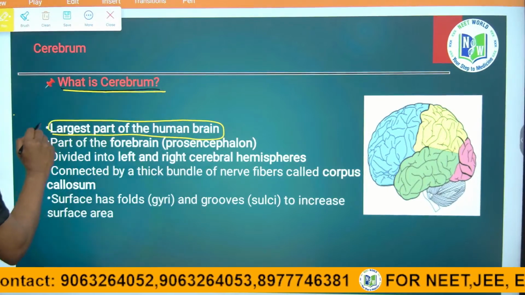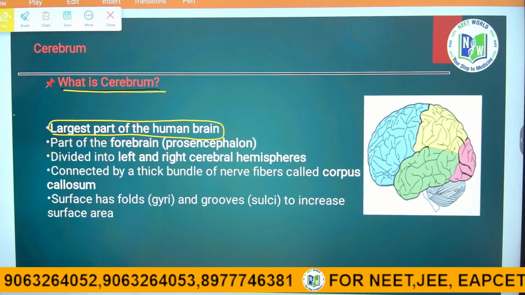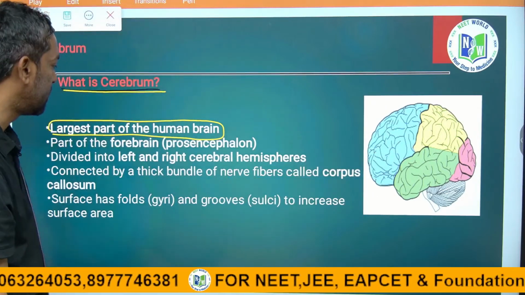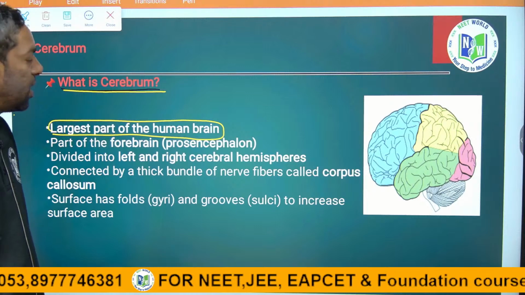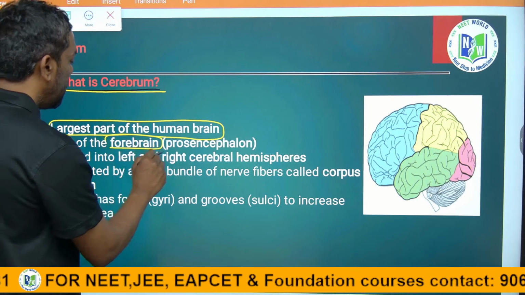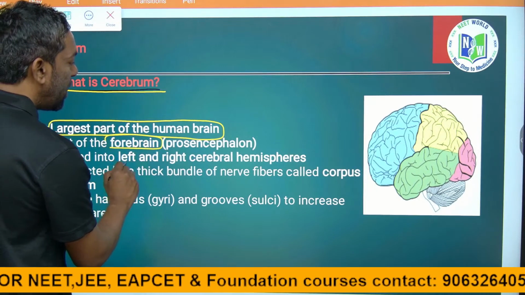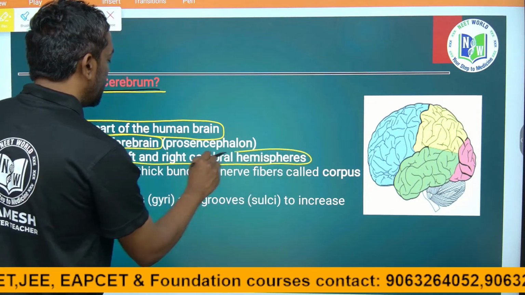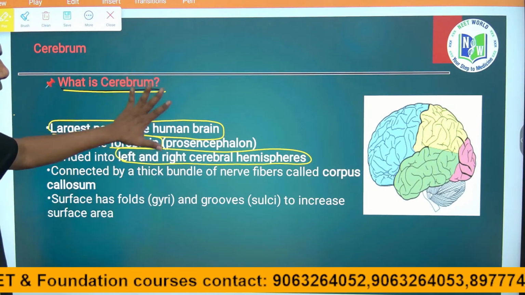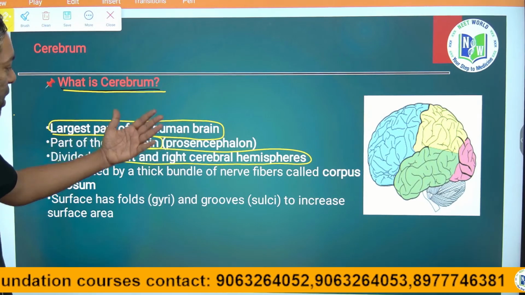What we discussed: the cerebrum has 4 lobes, and their functions we discussed, right? It is a part of the forebrain, divided into left and right cerebral hemispheres.